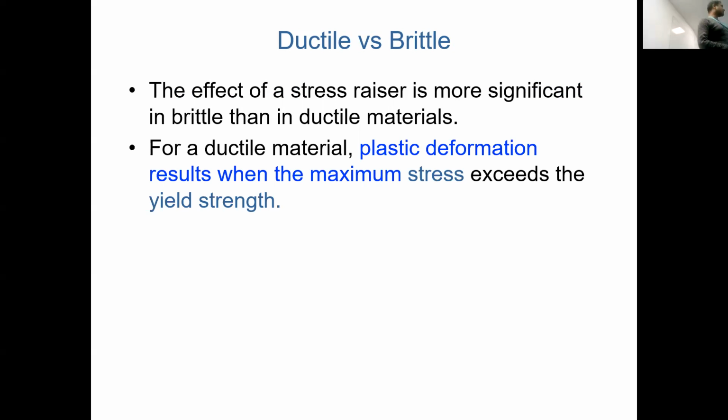If you've got ductile material, plastic deformation, which is a permanent deformation, will occur when you exceed the yield strength. Yield strength is the point where the material starts to yield. The material says, okay, I can't take it any longer, I will yield, I will start plastic deformation. For example, imagine this is a ductile material, and if I'm bending it, this is elastic, it comes back, elastic, it comes back.